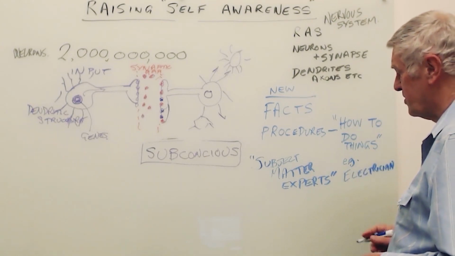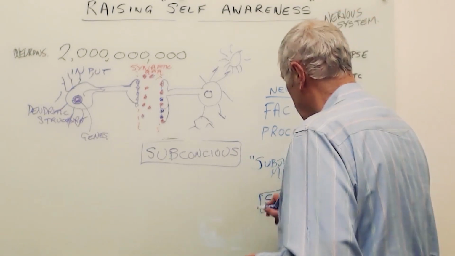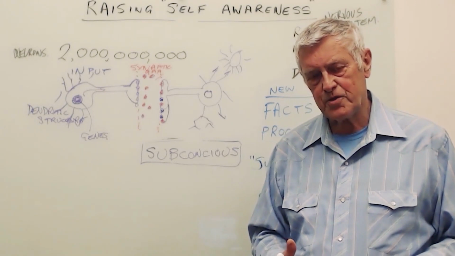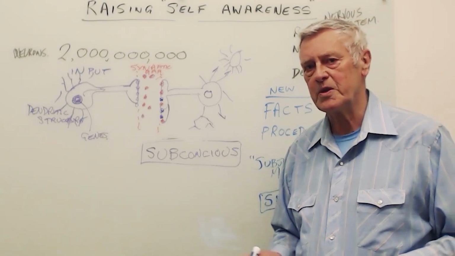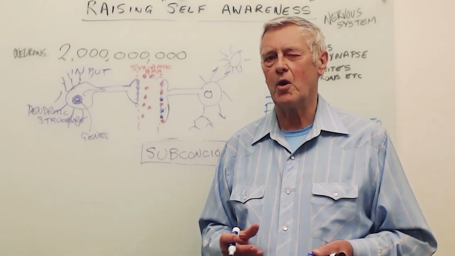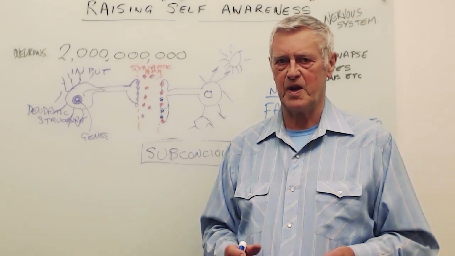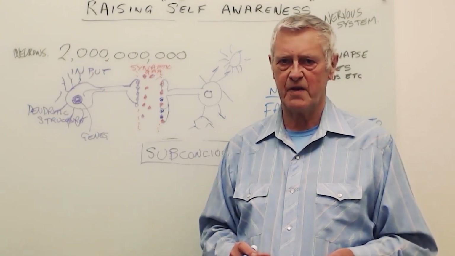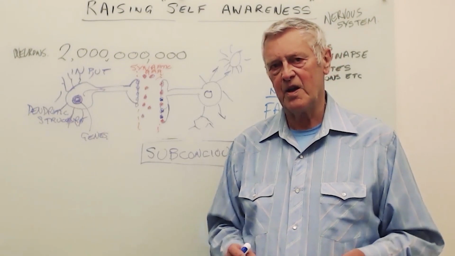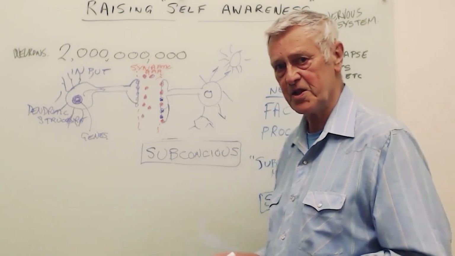So this subject matter expert concept is important because what happens in your brain as you learn during these early years is you develop the skills and the knowledge of certain topics, like how to eat with a knife and fork, or how to do something with chopsticks, how to go to the toilet in an acceptable way as far as your parents are concerned, and so on.